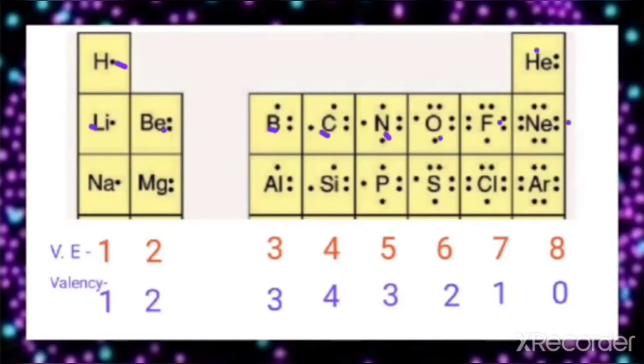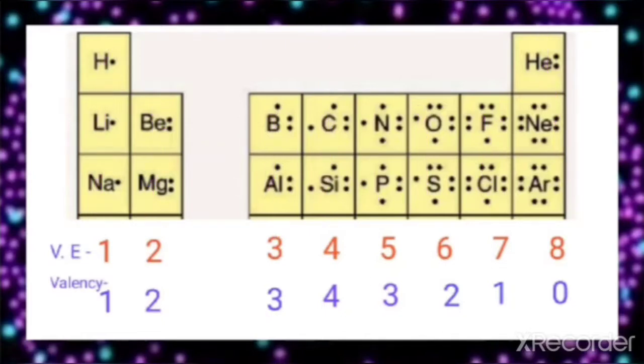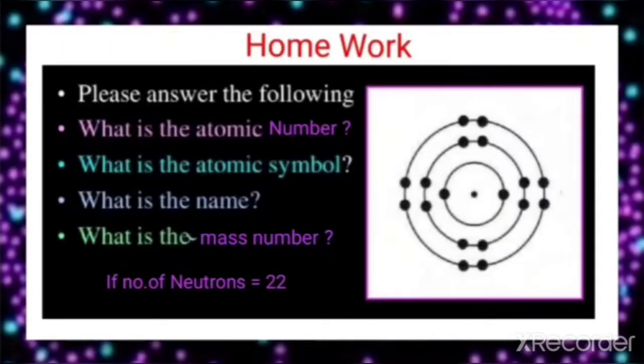When you learn this, these elements have the same number of valence electrons, they have the same valency. These two have 3. So this is also an easy way to learn the valence electrons and valency for these elements, that is from hydrogen to argon.